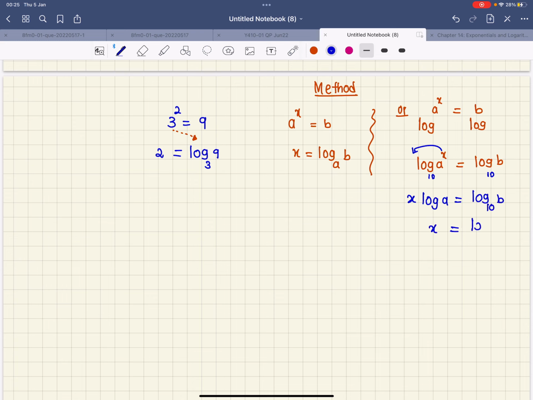So x is equal to log_10 b over log_10 a, which is with the base 10. So it's basically the same thing, but in two different ways. This is a bit more advanced, and I'll talk about this in later sessions. But this is quite easier to understand: 2 to the power of x is equal to 5 means x is equal to log_2 5.